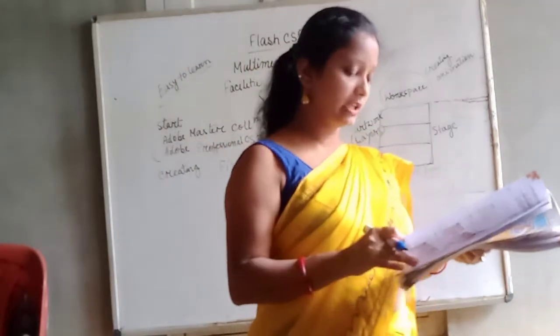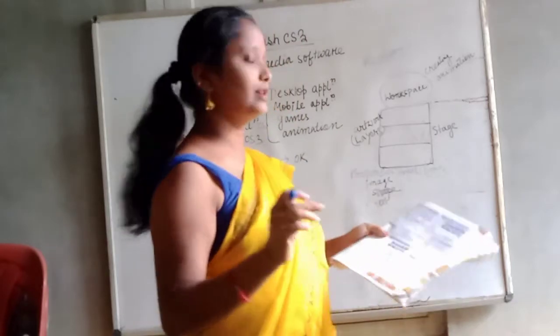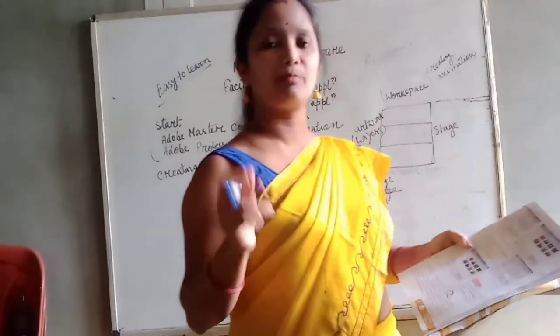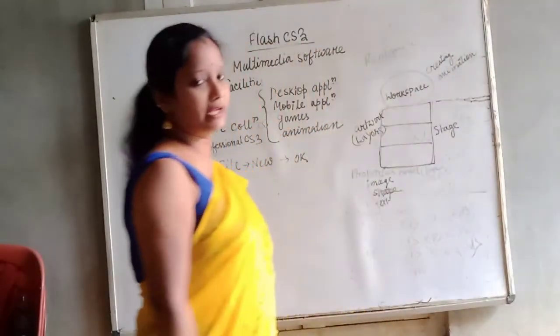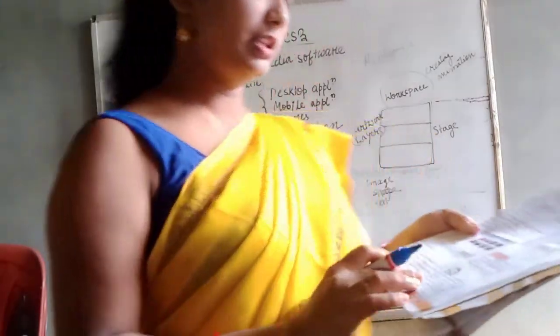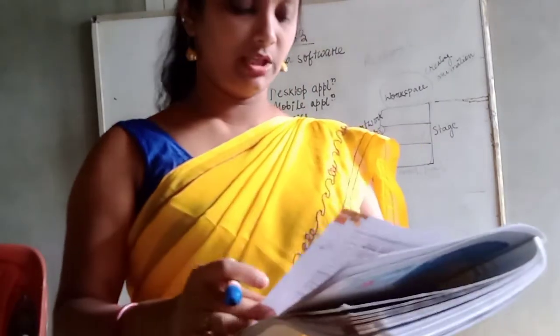Then how will you create an animation? When a series of still images is displayed in rapid form, rapid means it will go forward or come back. In Flash, you can insert animation by changing the contents of the selected frame. There are two ways in animation.